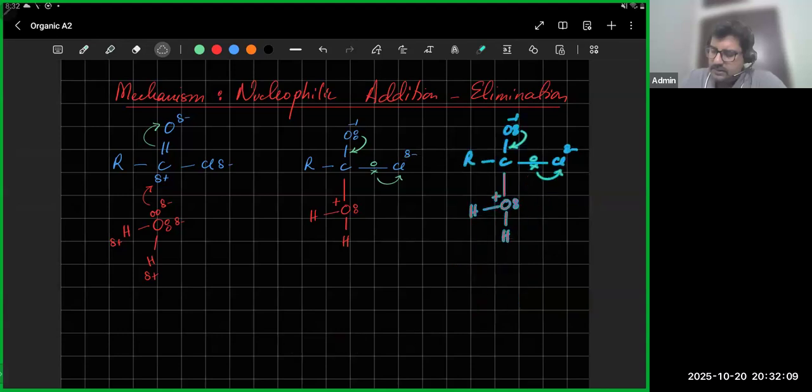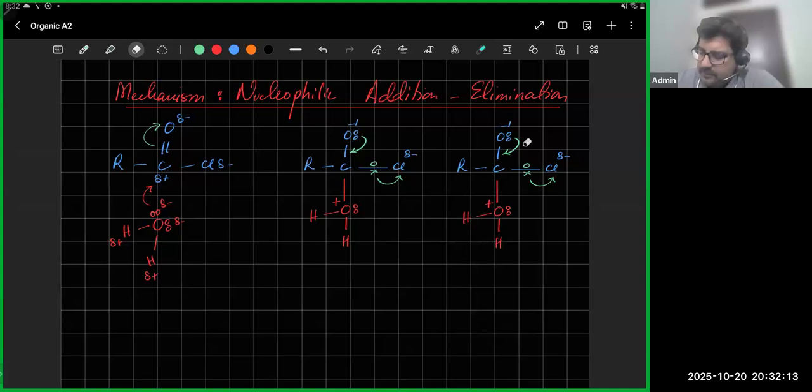This double bond over here gets reformed, so you're back to a double bond, and the Cl has now taken its electrons and gone away.